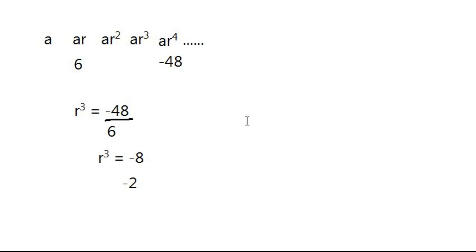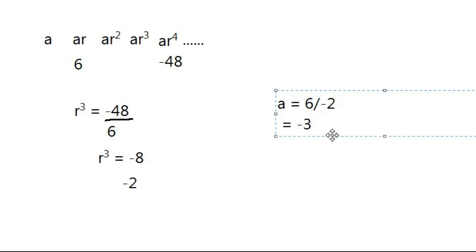We have r, now we need to find a. How do you find a? Well, you know what ar is. You just need to divide ar by r to get a. So a is equal to 6 divided by negative 2, which is negative 3. And so this is a and r done.